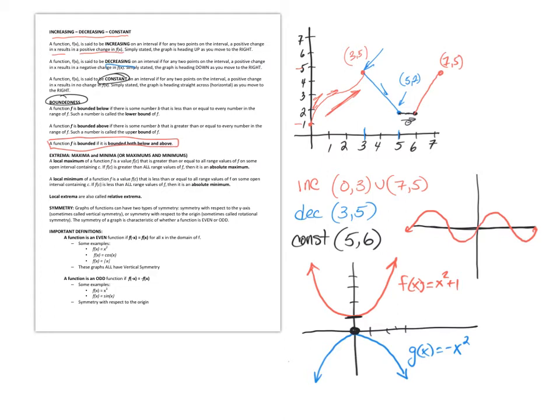For example, if we have this function, which I'll call h of x, is the sine of x, that's a function that exists entirely between 1 and -1. So we could say it's bounded above by 1 and bounded below by -1. And there you go. Because it's bounded both above and below, we would say that function is bounded.